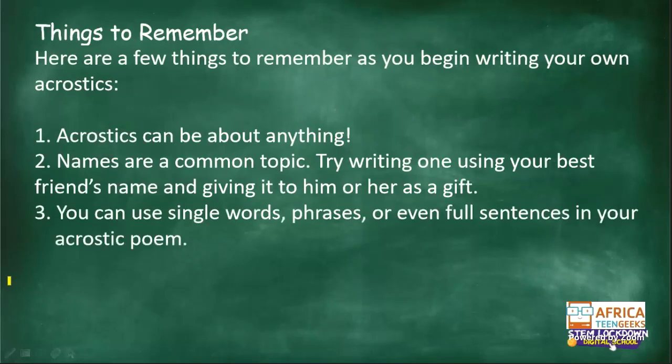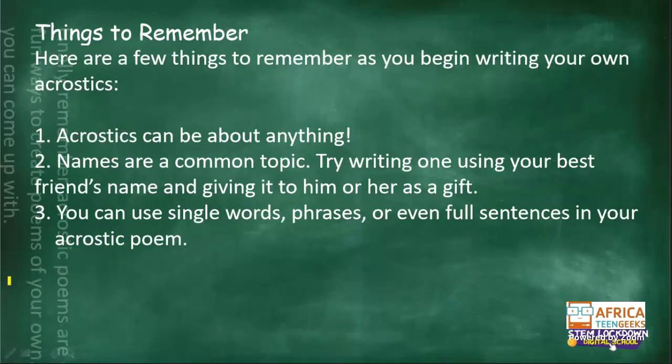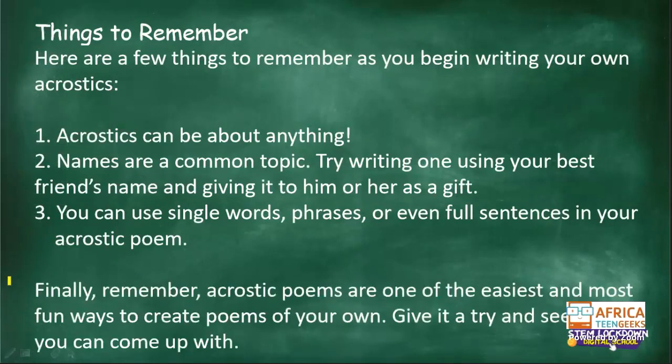You can use single words, phrases, or even full sentences in your acrostic poem. And finally, remember that acrostic poems are one of the easiest and most fun ways to create poems of your own. Give it a try, well, you just did, and see what you can come up with.